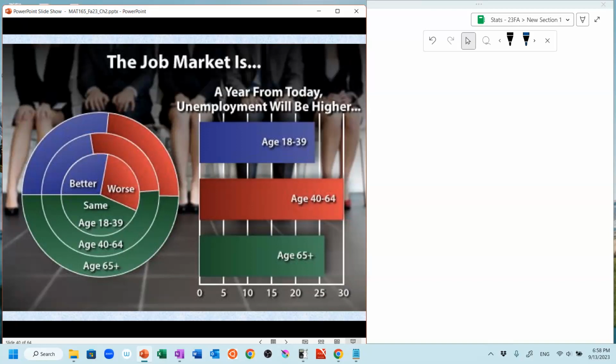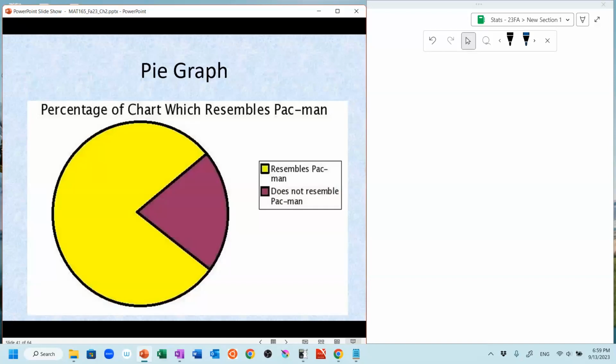There's just so much going on here that you would make a much clearer presentation that can get the information communicated more quickly and more effectively by just listing the numbers, right? The graphical technique is a detriment here rather than a benefit. So kind of a joke, the yellow is the percentage of the chart that resembles Pac-Man for the pie graph.